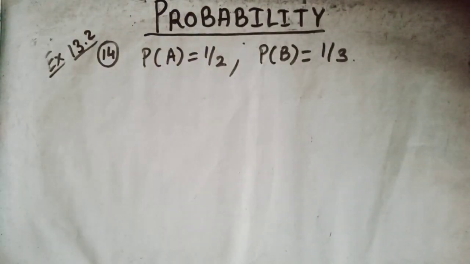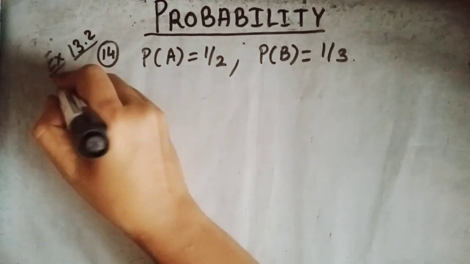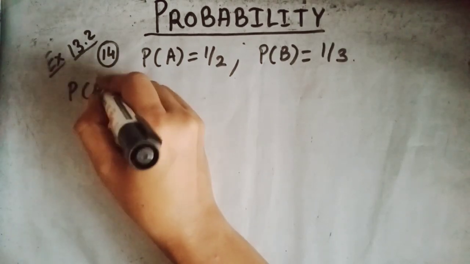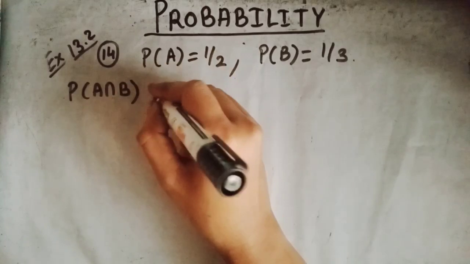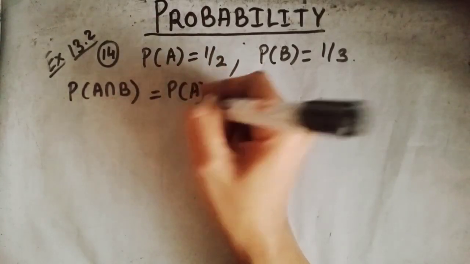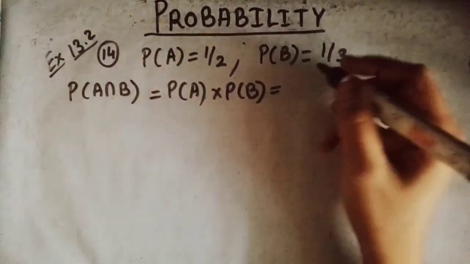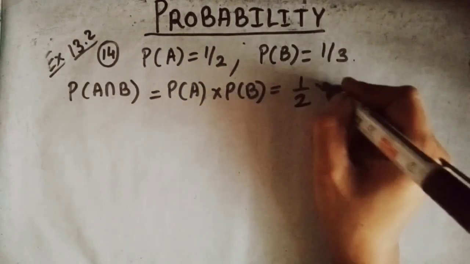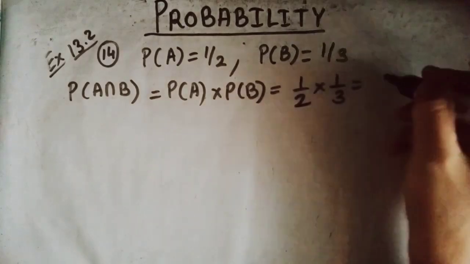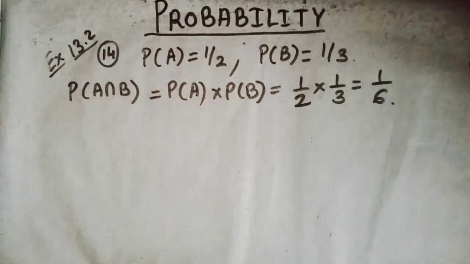If both try to solve the problem independently, find the probability that the problem is solved. Now they are solving the problem independently. Independently means P of A intersection B is equal to P of A into P of B, right? So this will be half into 1 by 3, which is 1 by 6.